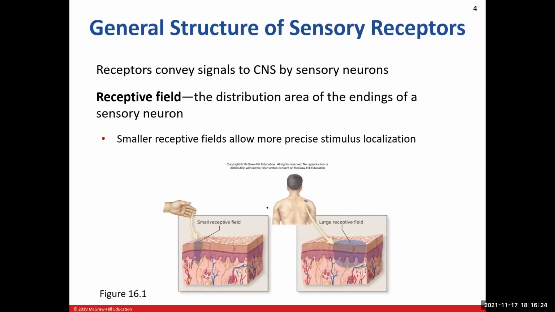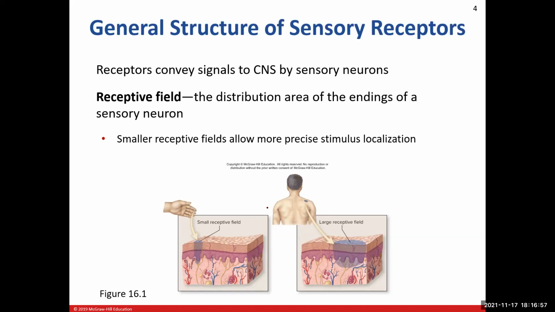And so we find out that if the nerve endings are in a relatively small region, that will give us a small receptive field. And a small receptive field allows us to localize exactly where that stimulation occurred. Whereas with a large receptive field, that sensory neuron can have many, many processes or nerve endings coming off over a large area of the skin, let's say.